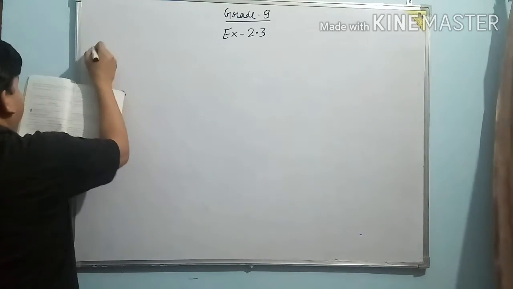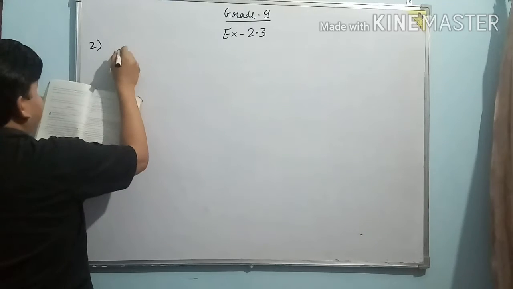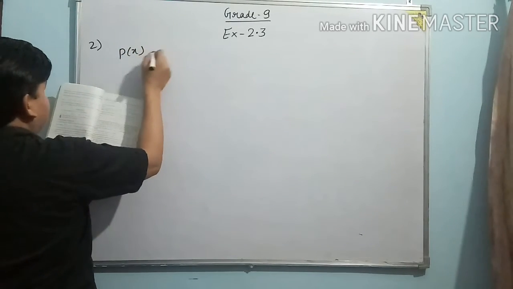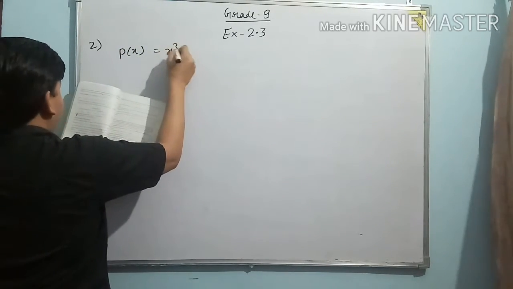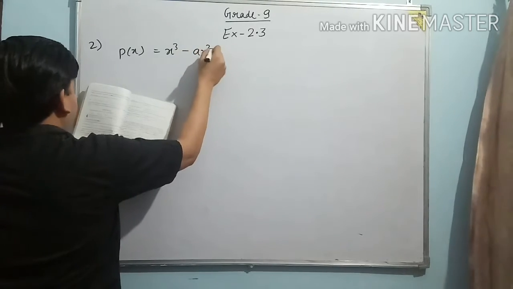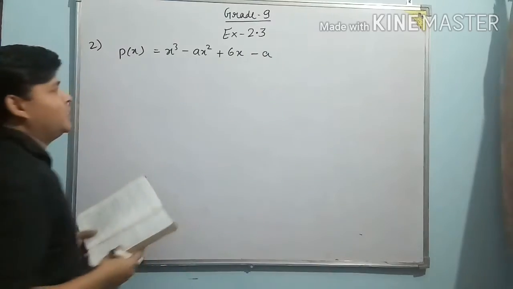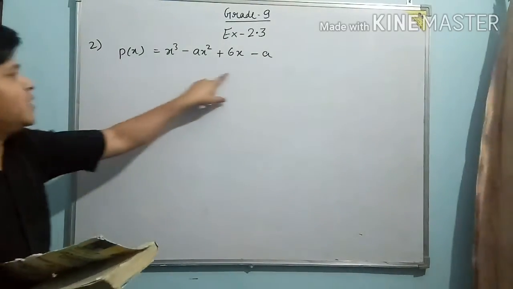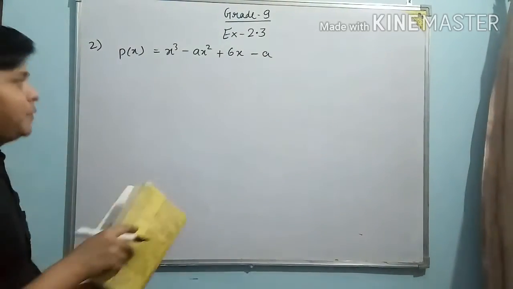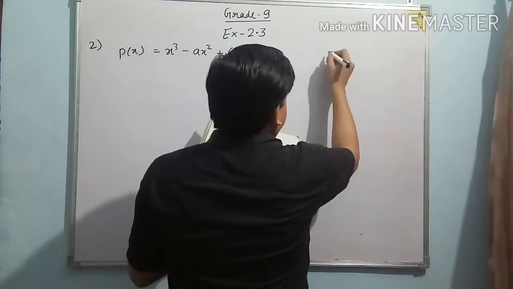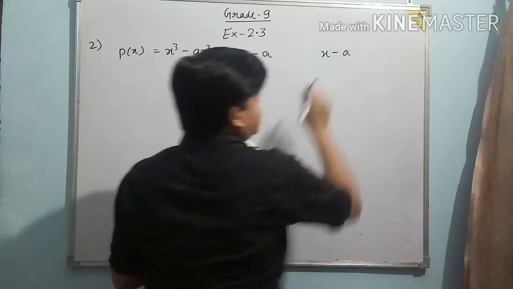So let us write this dividend as p(x) equals x cube minus ax square plus 6x minus a. So this is your dividend, the given polynomial which we have to divide by x minus a, and this is your divisor.